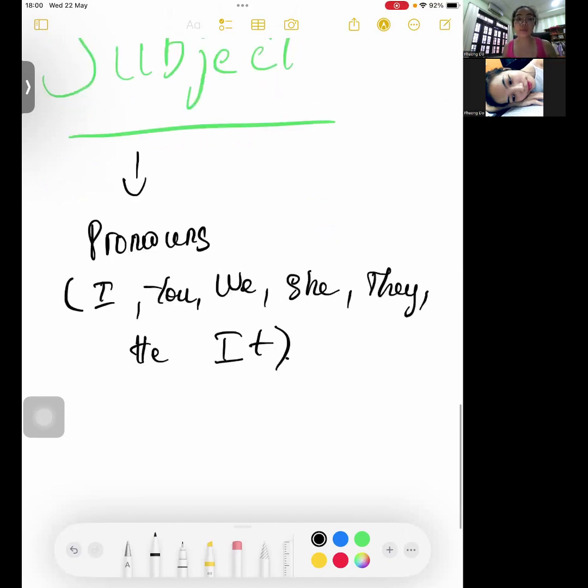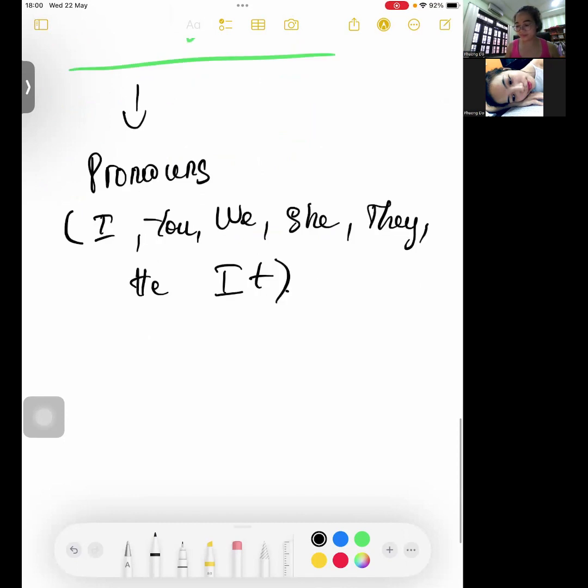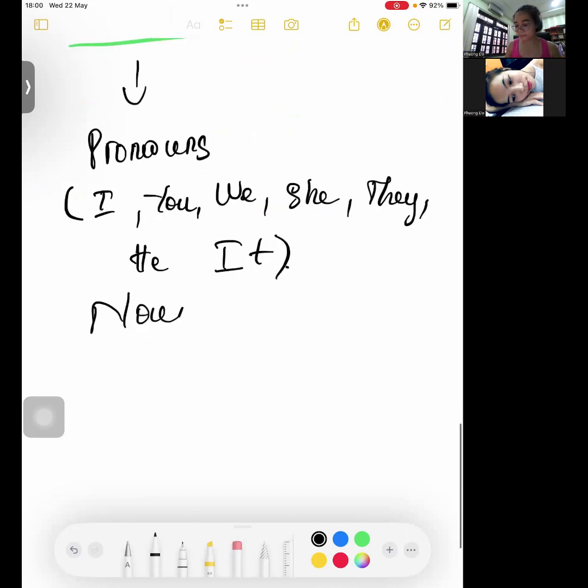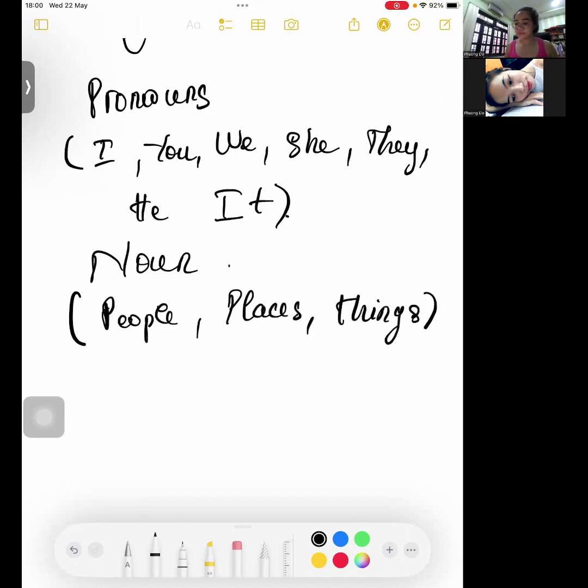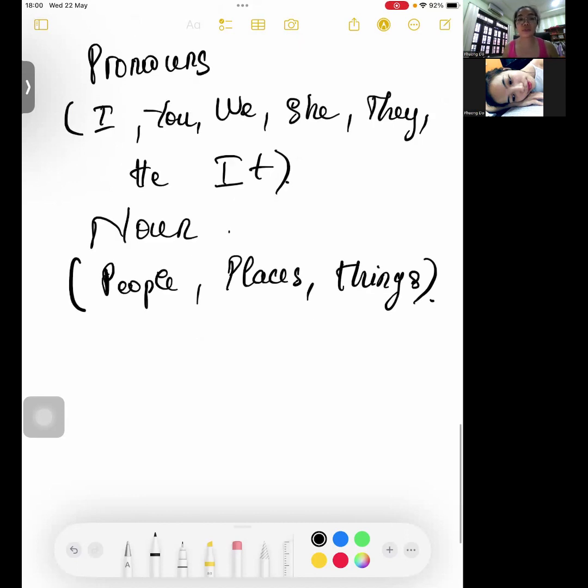And the subject can be a noun too: people, places, or things. All right. So now let's go to the pronouns. Number one, the pronoun.